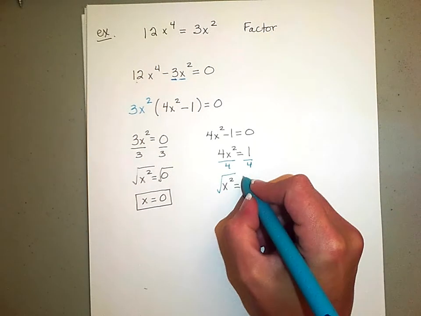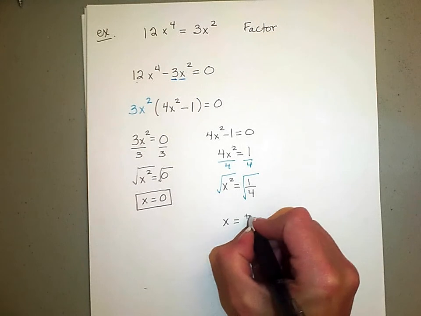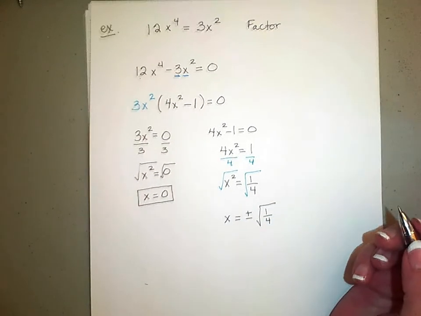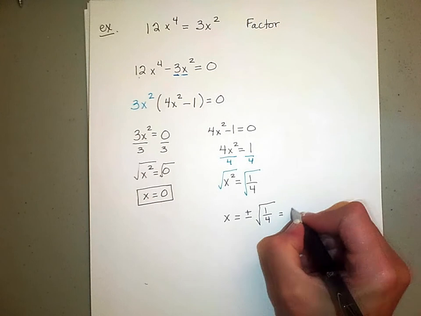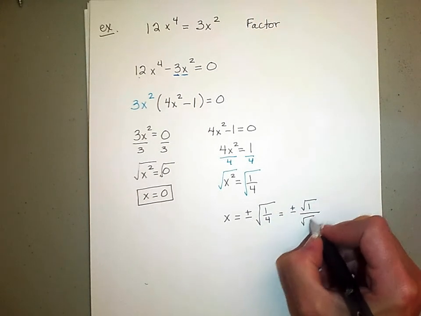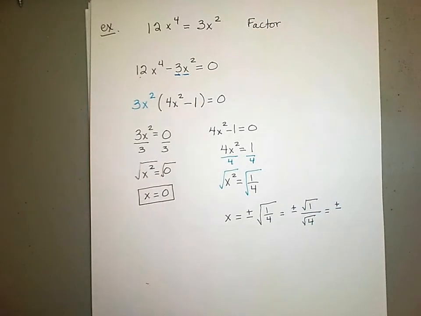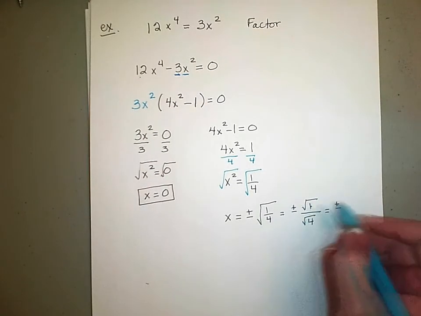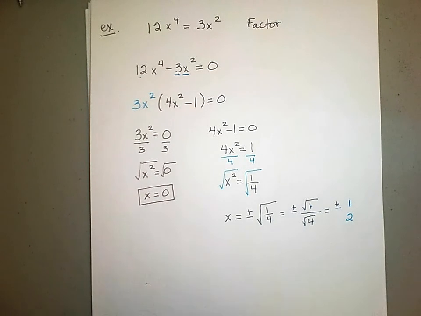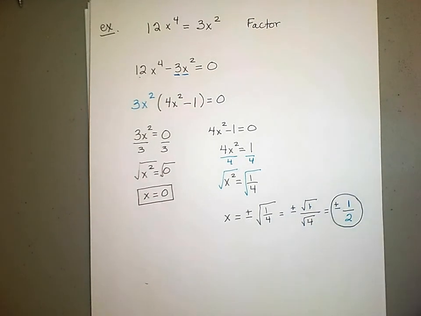Now we can take the square root. So x is equal to plus or minus the square root of 1/4. And using the property of radicals, that's plus or minus the square root of 1 over the square root of 4, which is plus or minus the square root of 1 is 1, the square root of 4 is 2. So plus or minus 1/2.